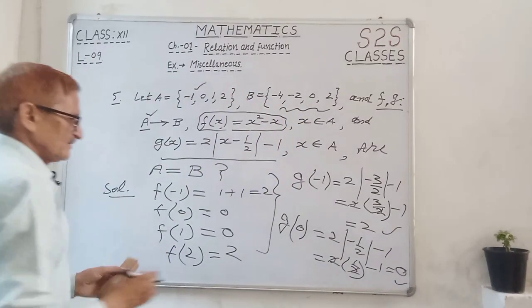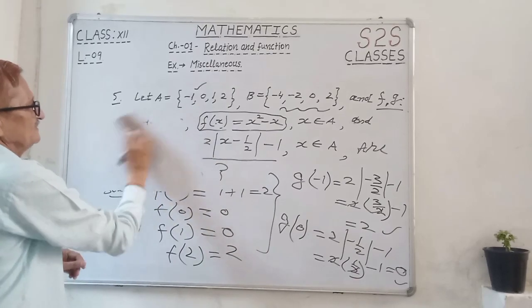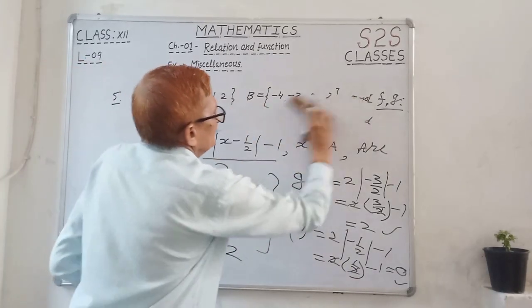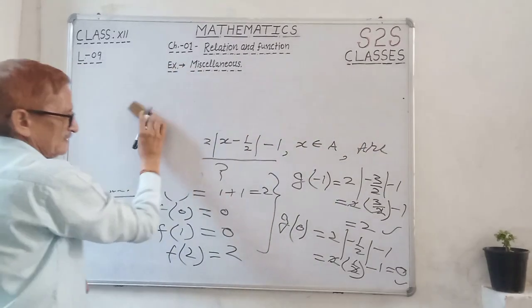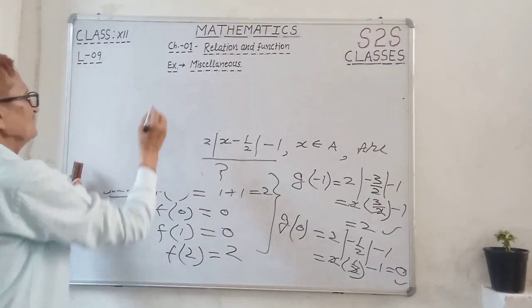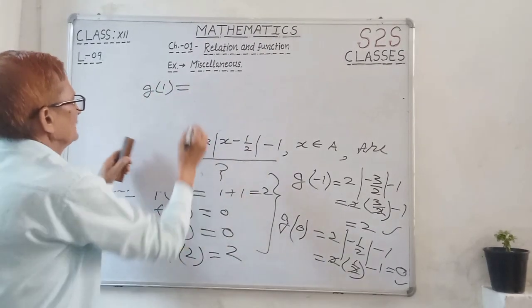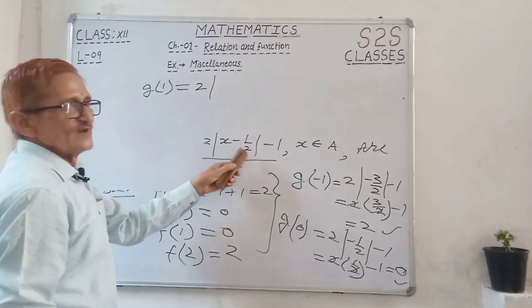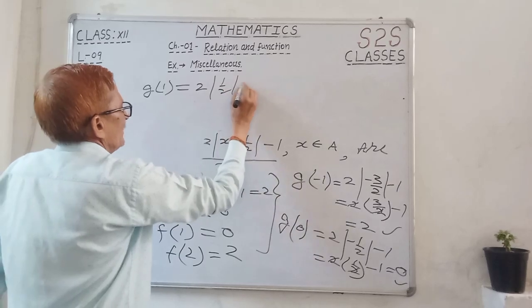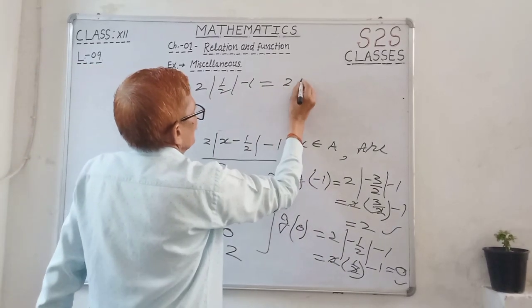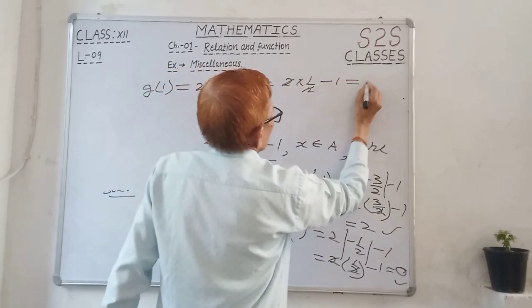Next we are going to solve the third element. The third element in set A is 1. Now g(1): putting x equal to 1 in the g function, 2 times modulus of 1 minus half, minus 1. Simplify, 2 times 1 upon 2 minus 1, then it is also 0.